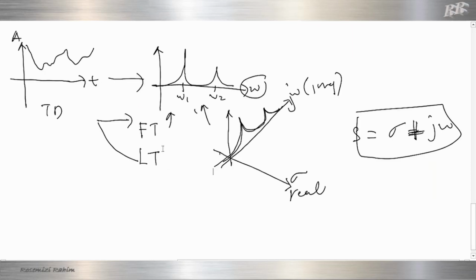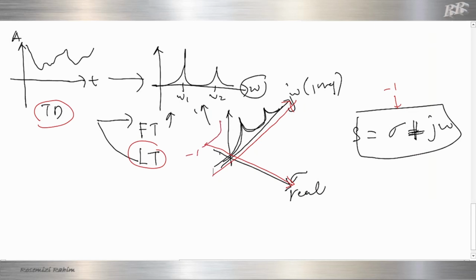By using the Laplace transform, we can convert a time domain graph into a frequency domain graph in complex numbers. We have this real axis and also the imaginary axis. For example, let's say our sigma is equal to -1, so our graph will be here, at -1.